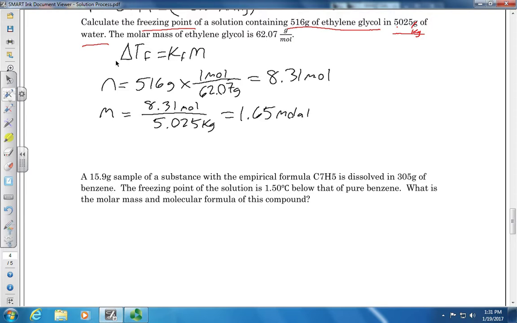So taking that and plugging it back into our expression, we're not given our K sub F, but K sub F is a constant, and it is available in your book.